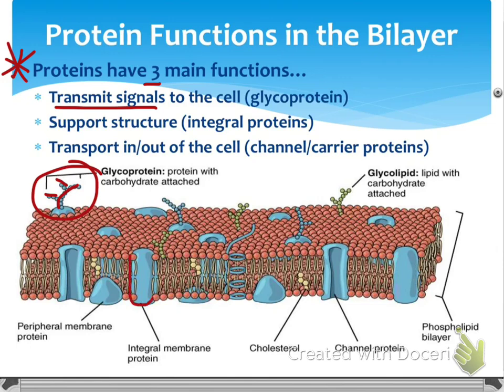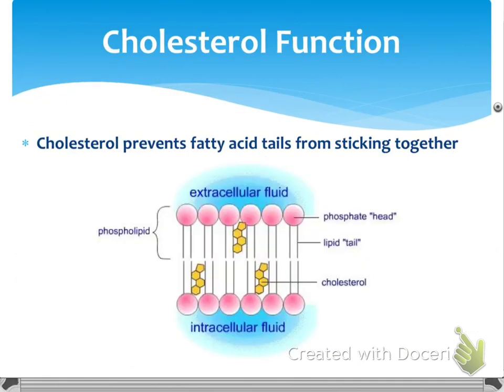So an integral protein is going to go from top to bottom. It's going to keep that structure of the membrane. And then your channel proteins, which is this guy, or your carrier ones, which are the ones that look like Pac-Man, those ones are going to be responsible for transportation, so moving things in and out of the cell.